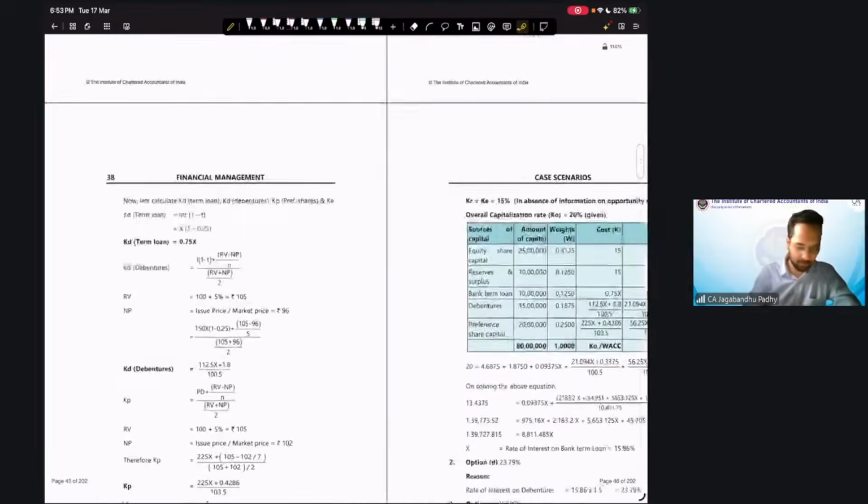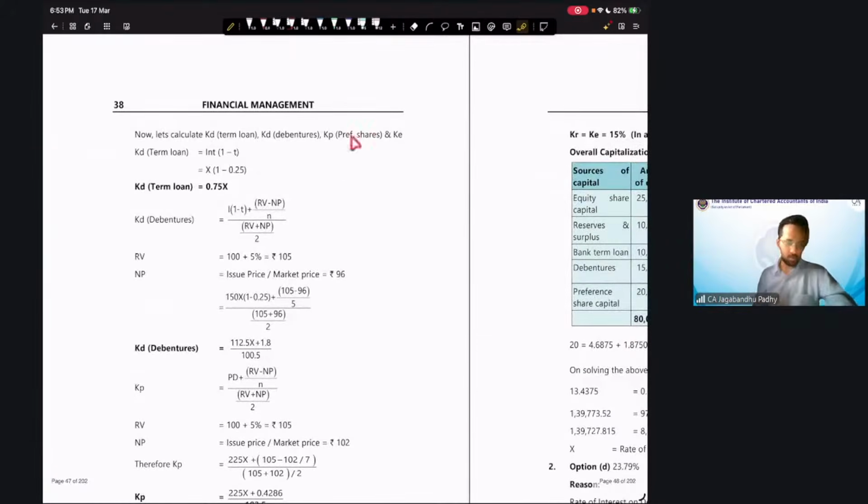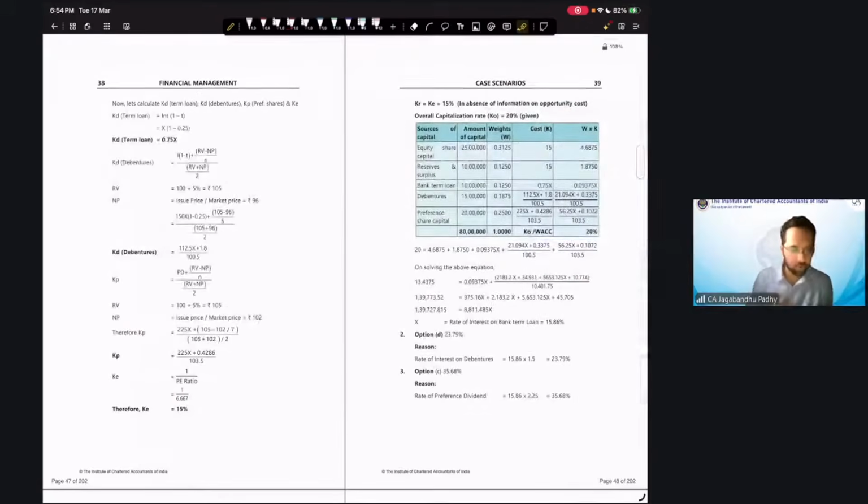So 1.5x into this, so it's going to be like 1.5 times of 100, 150x into 1 minus 0.25. This is a form of calculation effect, and we see that the cost of debentures is going to be in this pattern.